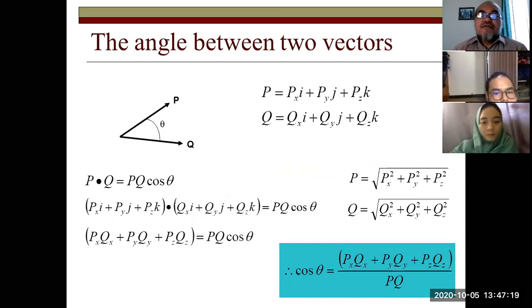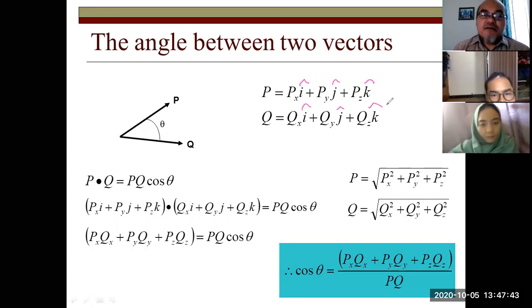First application: the angle between two vectors. When we express each vector in terms of its x, y, and z axis components, we express P equals Px i plus Py j plus Pz k. Similarly, Q is expressed as Qx i plus Qy j plus Qz k.